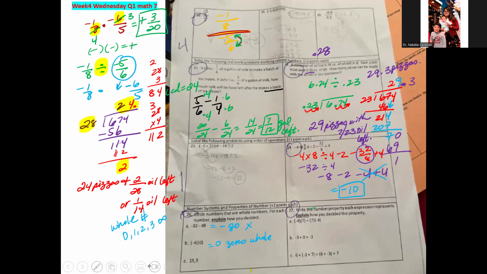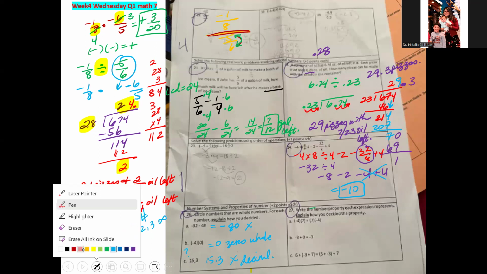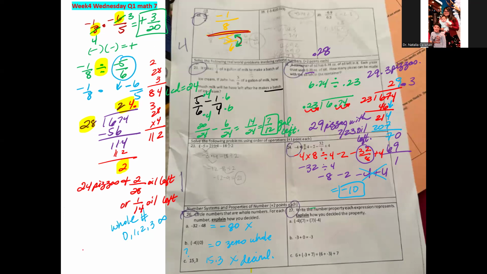I think C is 15.3, and that's not it because it's a decimal. Then I don't know what that is. You might want to ask her. The division sign up here looks very similar, so I'm just going to create a division sign. If it is 15 divided by 3, then it's 5, and that qualifies, right?